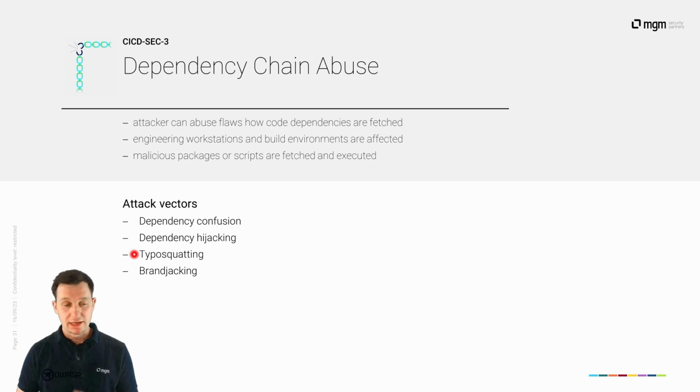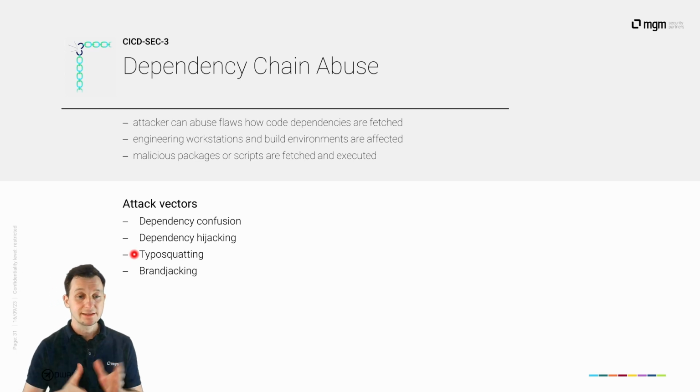One case of typosquatting could be that an adversary defines, for example, a new package called Babel, but instead of using Babel with the small l at the end, he or she uses a big I at the end.